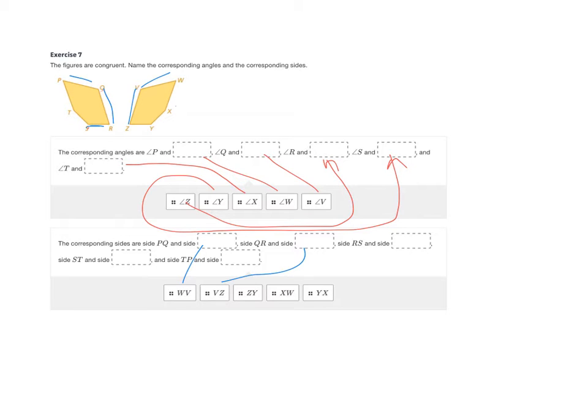RS is going to correspond with ZY. ST is going to correspond with YX. And the last one we've got is TP corresponds to XW.